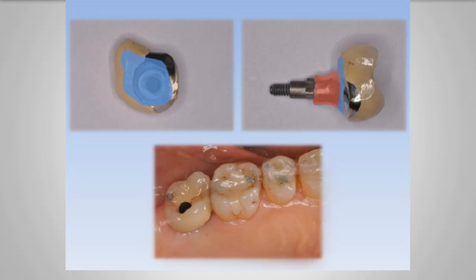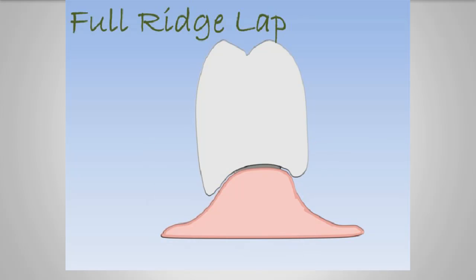Finally, there's what I would call the full ridge lap when it comes to an implant restoration. And in this particular case, this is like the example I gave before, it can look like this or it can look like this. This is very tricky. In Pontic terminology, we would call this a modified ridge lap because we have access from, in this case, the lingual.